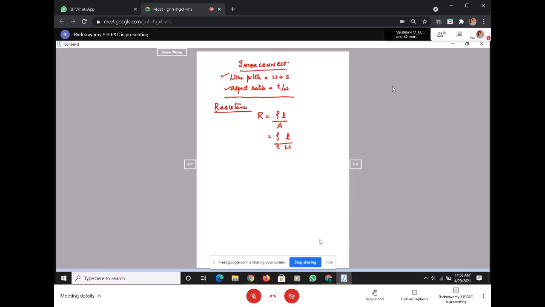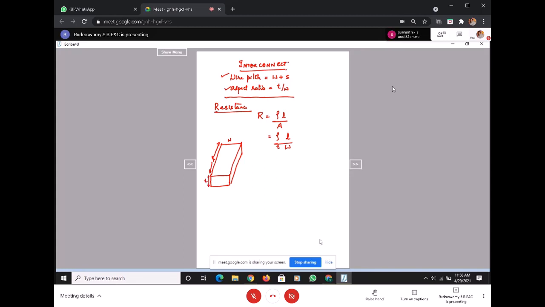For example, if I call this my width of the wire, and this is my length, and this is what we mean by the thickness.